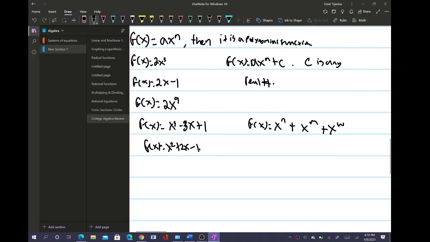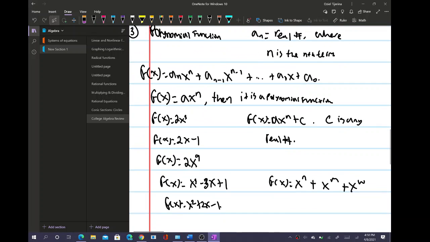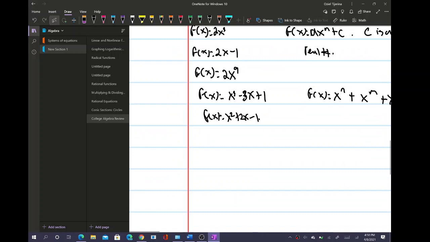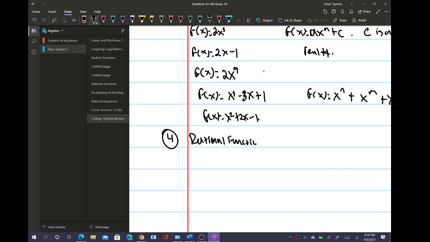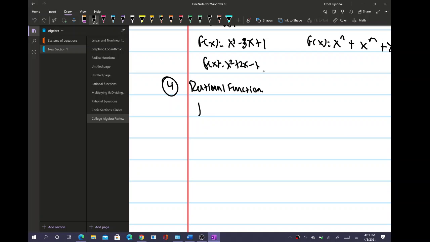Now, that is another kind of function. The other kind of function is a rational function. This is not a polynomial function. You have 2 forms: 1 over the quantity x minus h plus k, or ax plus b over cx plus d.